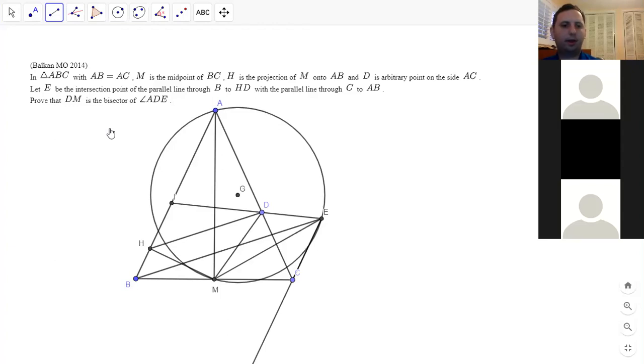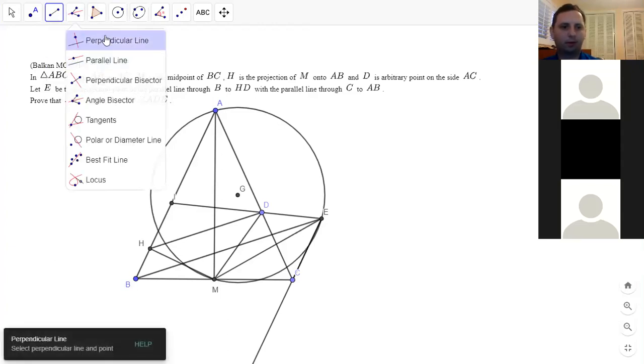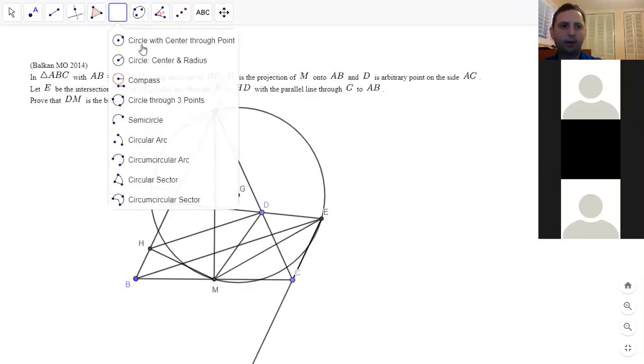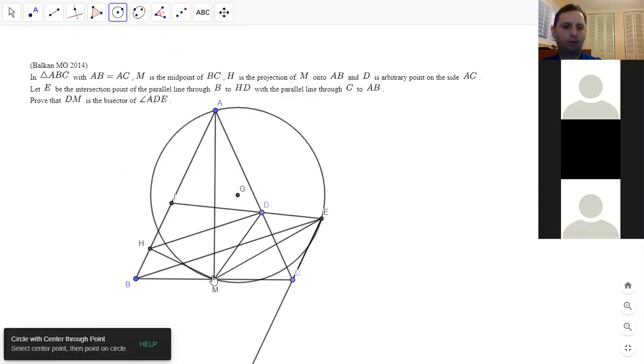So yeah, let me draw the excenter circle because it seems like there's something special about it. Well, yeah, so basically, we want to show the circle with center M through H is the excenter circle of both, right?